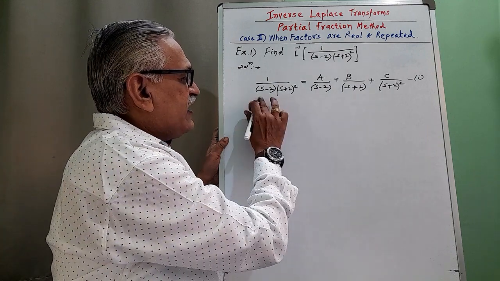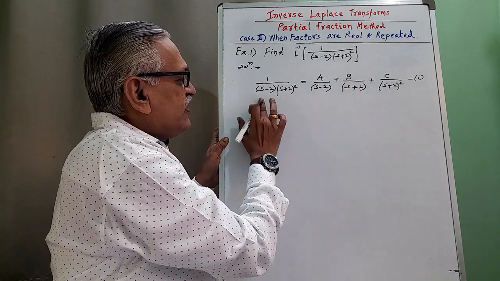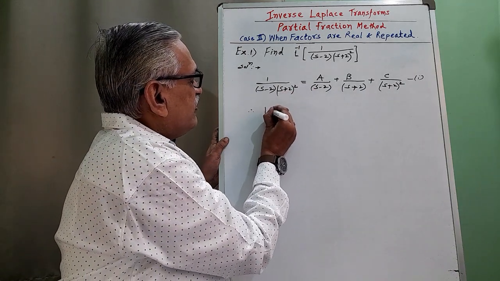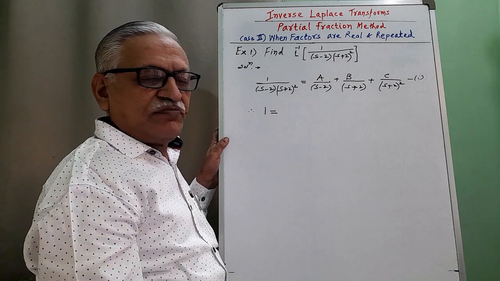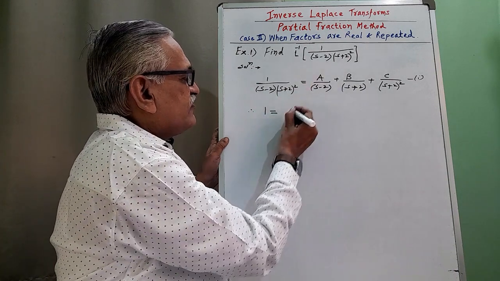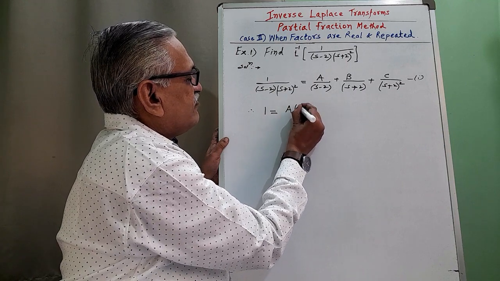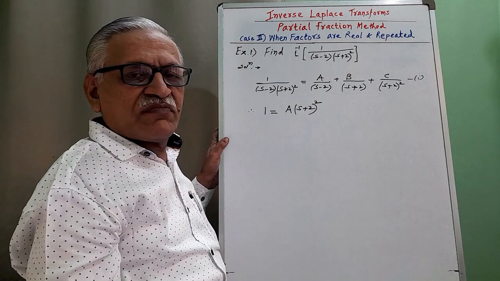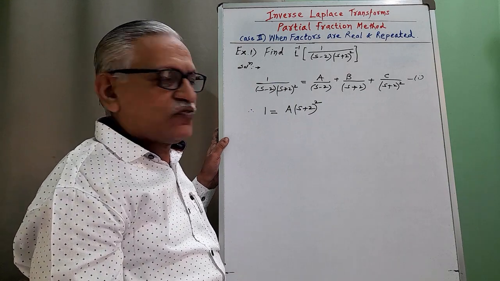Then finding the LCM of these three terms, the LCM is (s minus 2) into (s plus 2) whole square. And therefore, 1 is equal to: the remaining term for A is (s plus 2) whole square, so A into (s plus 2) whole square.